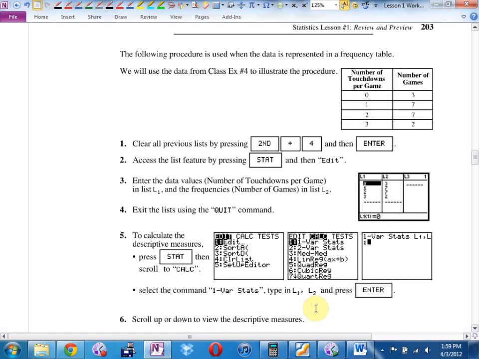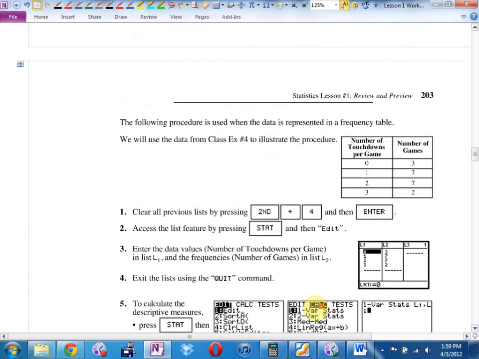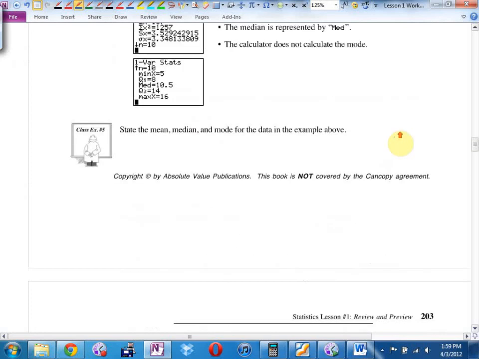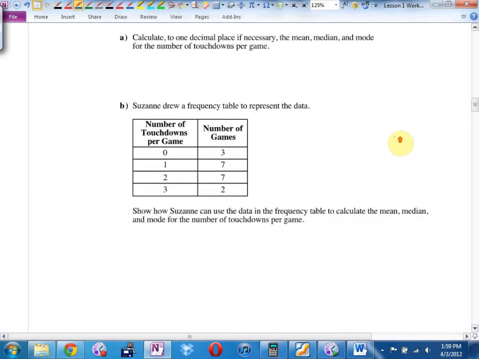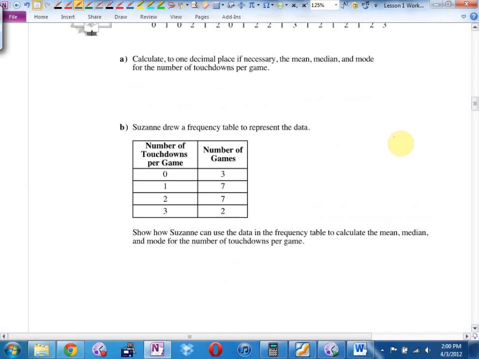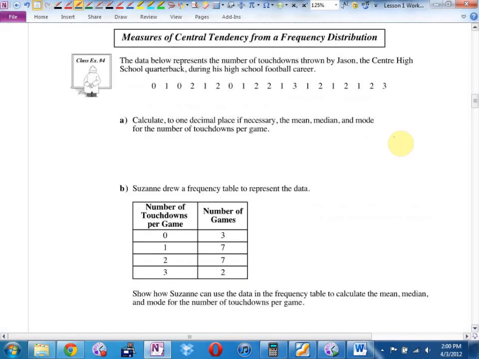The graphing calculator instructions are there, but the chart on page 203 actually comes from page 201. Can you turn back please to page 201? Example 4. We jumped around a tiny bit.